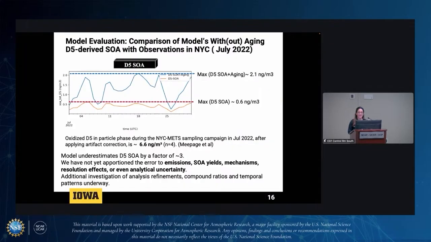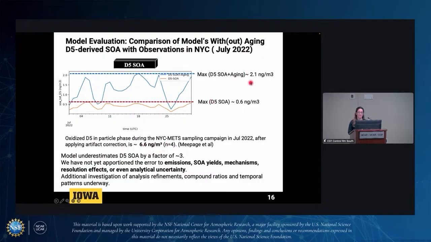So we evaluated the D5-derived SOA for both models, aging and no aging. With aging, we can see higher aerosol compared to no aging. We evaluated against the measurement from NYC METS sampling during July 2022 in New York City, which for 4 samples, the value was 6.6 nanogram per cubic meter.